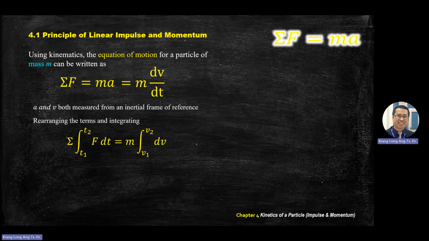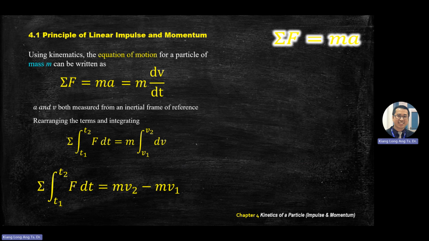You pull your F out, F multiplied by t, you get impulse. m maintains, integrate dv, here is v2 minus v1. So mv is momentum. This is called the principle of linear impulse and momentum. This side is impulse, this side is momentum.